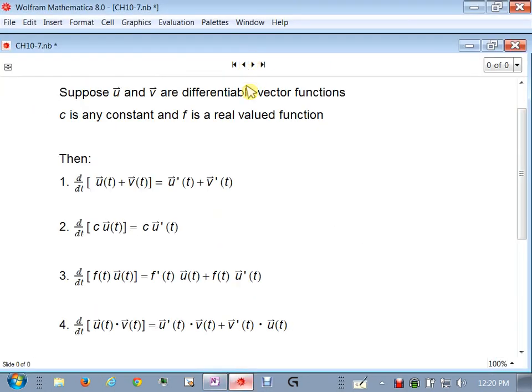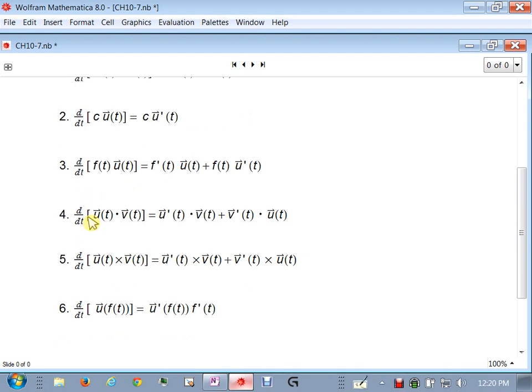What is the derivative of something dotted with anything? It's the product rule, isn't it? I have r of t here and r of t here, so this is just going to be r prime of t dot r of t plus r prime of t dot r of t again.